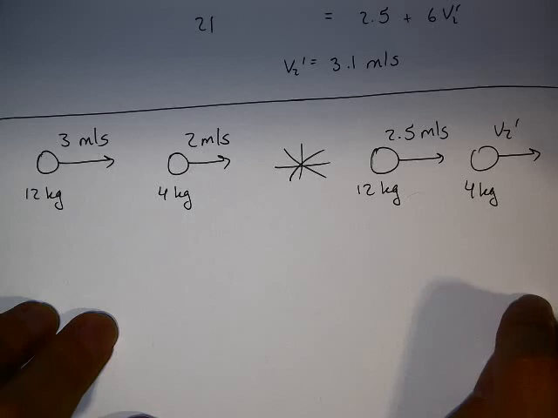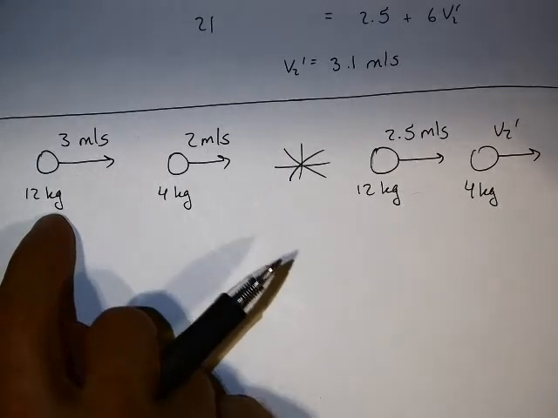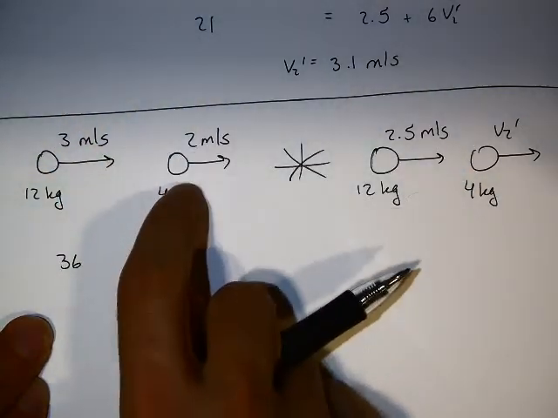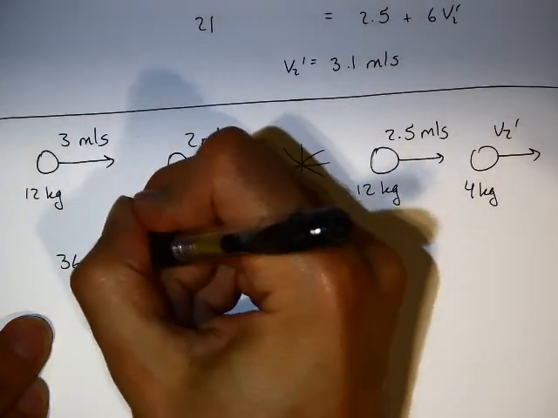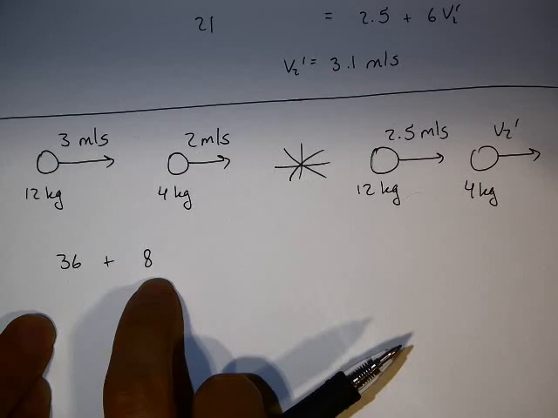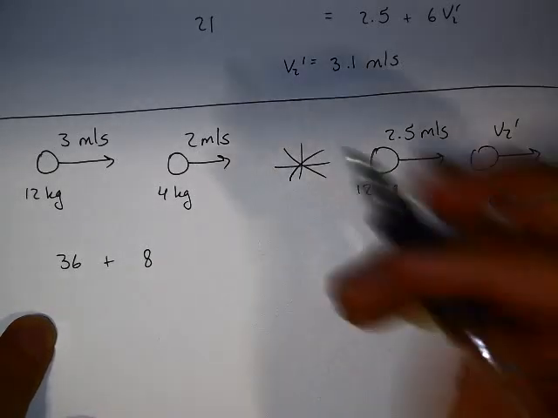Okay, we're going to use the same equation as before, and instead of writing it all out, notice that the momentum of object 1, 12 times 3, is 36. The momentum of object 2 is 8. So the total momentum prior to the collision is 44. Momentum after has to be 44 as well.